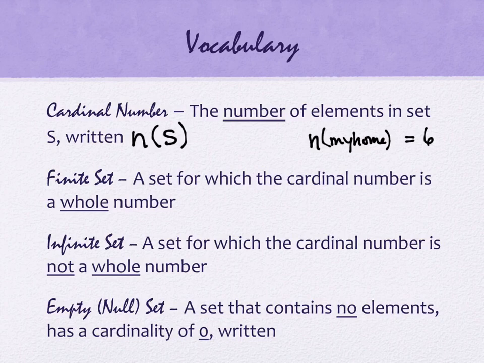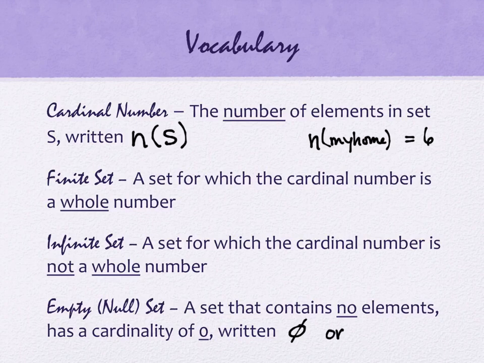The last one is an interesting one. It's actually called the null set. This is a set that contains no elements, has a cardinality of 0, and it's written in a couple of different ways. It can be written as a 0 with a slash through it. Anytime students tell me that this is their 0, I have to say, I'm sorry, you can't use that for 0 because we're going to use it for something different. This means empty set.